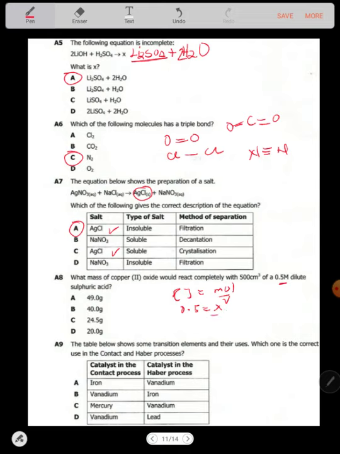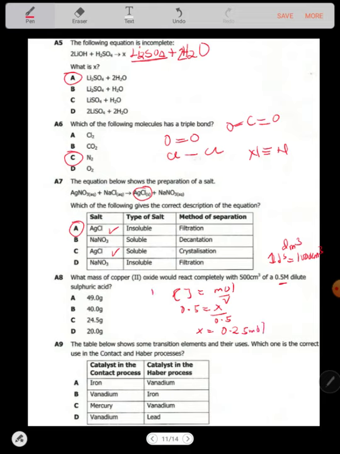Let's find the number of moles. Volume here is 500. Now we need to convert this 500 into decimeter cubed. We know that 1 decimeter cubed has got 1000 cubic centimeters. So that would be 500 divided by 1000, which gives us 0.5 here. So x is equal to 0.5 times 0.5. That will give us 0.25 moles. Now these are the number of moles that we have.